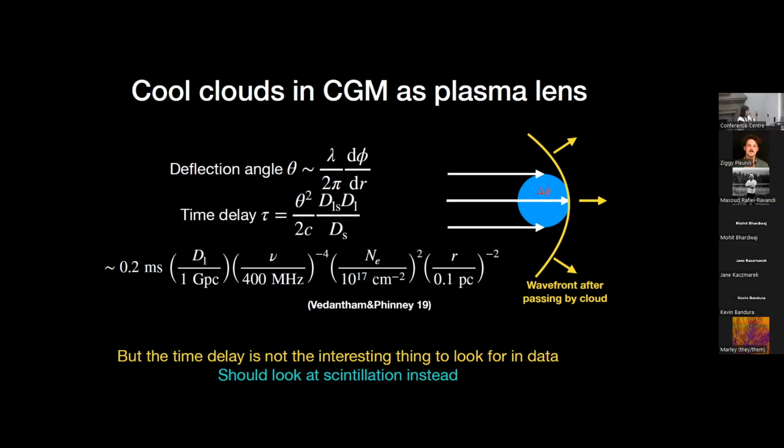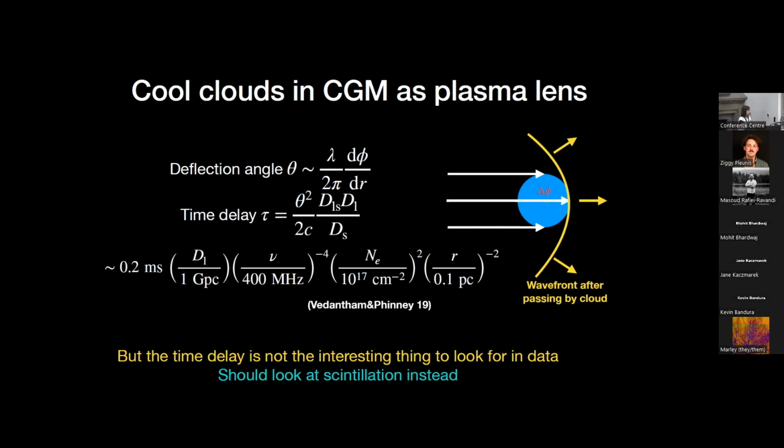As the radiation travels through the cloud, there's an advance in the phase because of the plasma in the cloud. After the radiation travels through the cloud, there's a tilt in the wavefronts, shown by the yellow curve on the right.